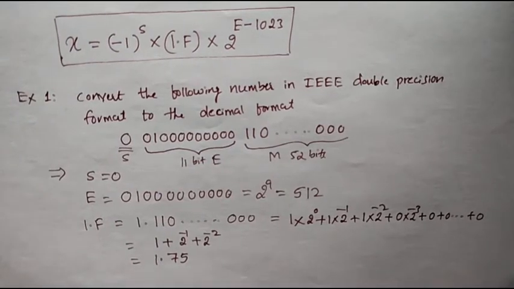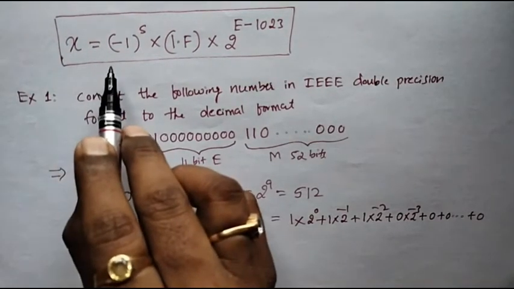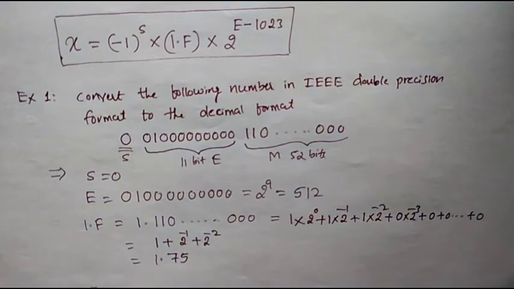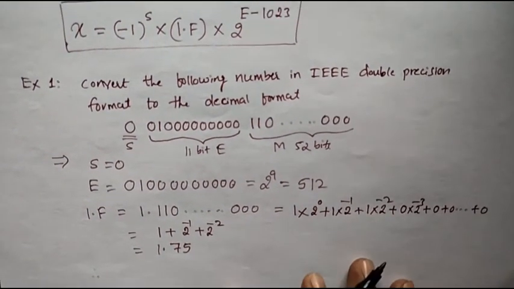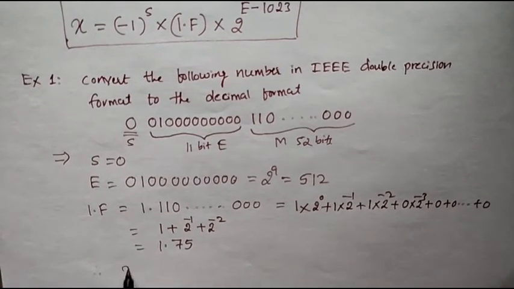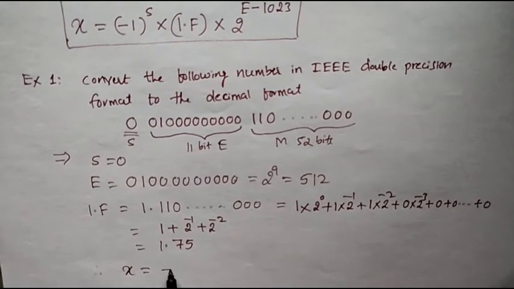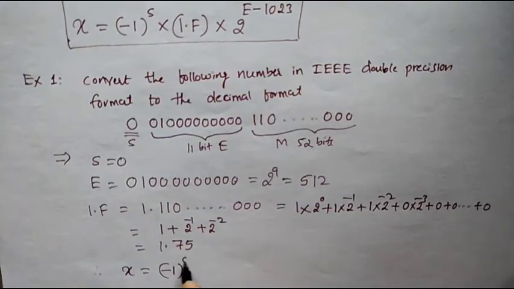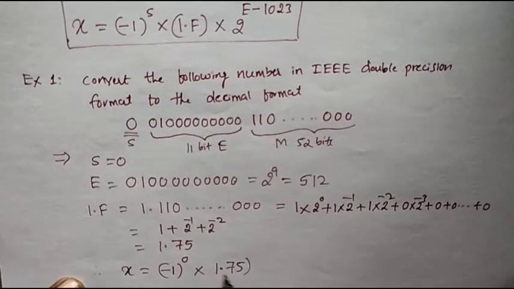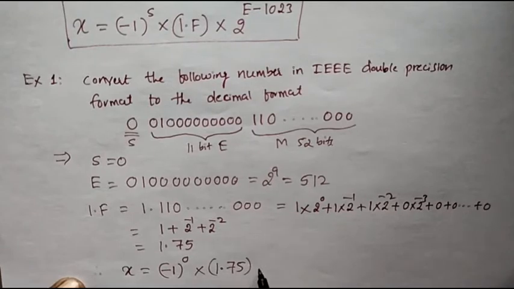Now let us represent it in X format, which is given here. Therefore, the given number in decimal can be represented as X is equal to minus 1 power S, here S is 0, multiplied with 1 dot F, which is nothing but 1.75, into 2 power exponent.